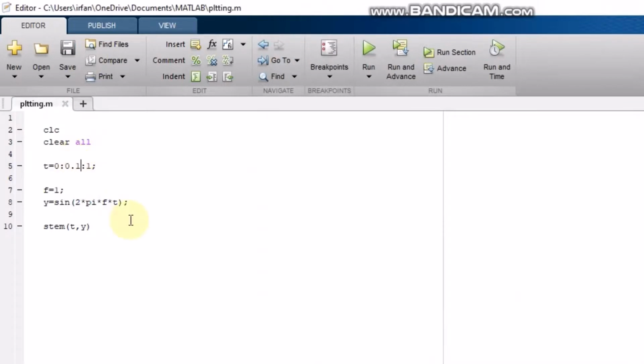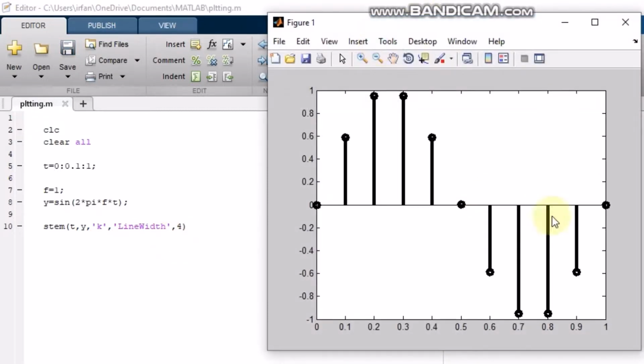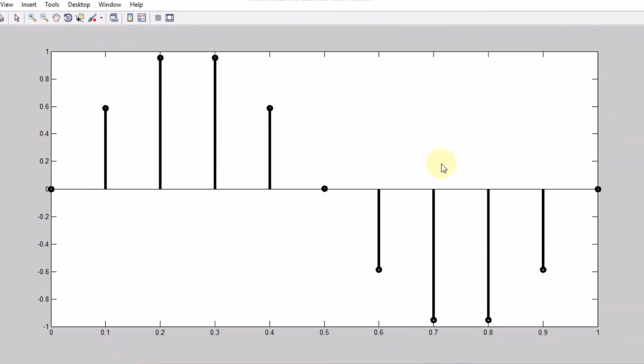And also, if you want to use the same things which I have previously used, writing K here for the black, and also the line width 4. Now running it, I will see that it has been increased.